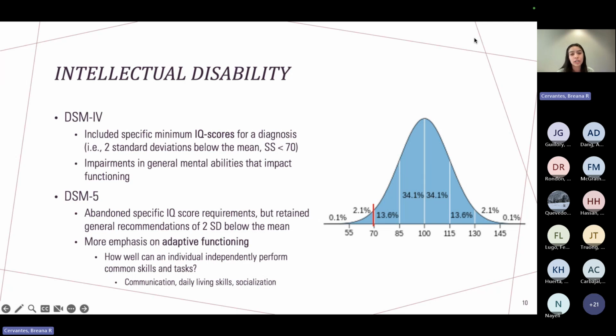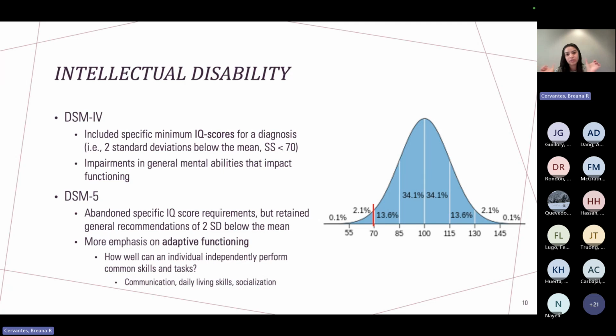So that's that 2 standard deviations thing that I was talking about on Wednesday. You must fall 2 standard deviations below the average or the norm of IQ functioning. So in this graph, if we look at a normal distribution, it's going to be like that, 85 to 115. So 100 is the mean. That's what we expect the norm to be for most people in the public or in the community.